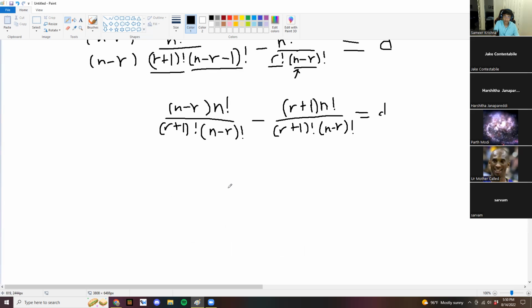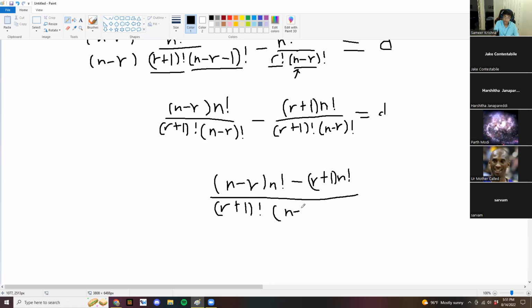So it'll look something like n minus R times n factorial minus R plus 1 times n factorial over R plus 1 factorial times n minus R factorial.